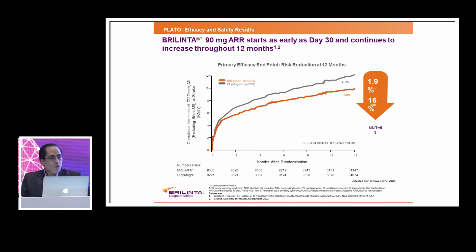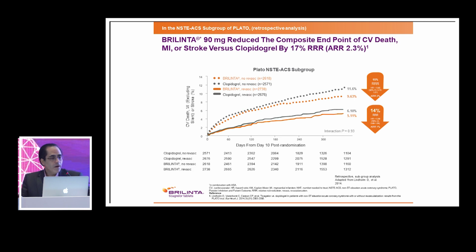What about the overall composite endpoint of cardiovascular death, MI or stroke, in comparison between Ticagrelor and clopidogrel, whether you go for invasive revascularization or non-invasive management? The orange one is the Ticagrelor group and the black one is the clopidogrel group. The benefit with Ticagrelor is almost 15% in the non-invasive group, and almost 14% better in the revascularization group.